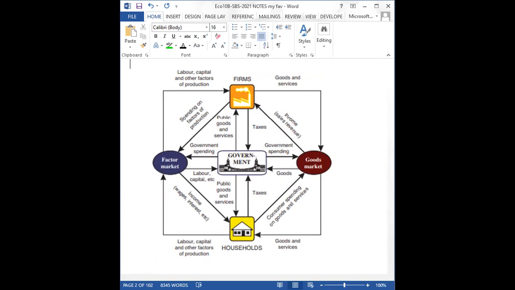They own the natural resources, they own the labor, they own the capital, they own the entrepreneurship skills. As they are offering these elements to the firms, they are paid, or remunerated, in what is known as income.